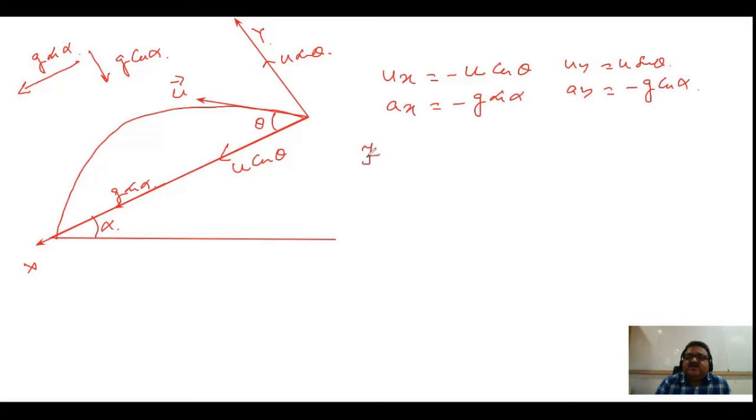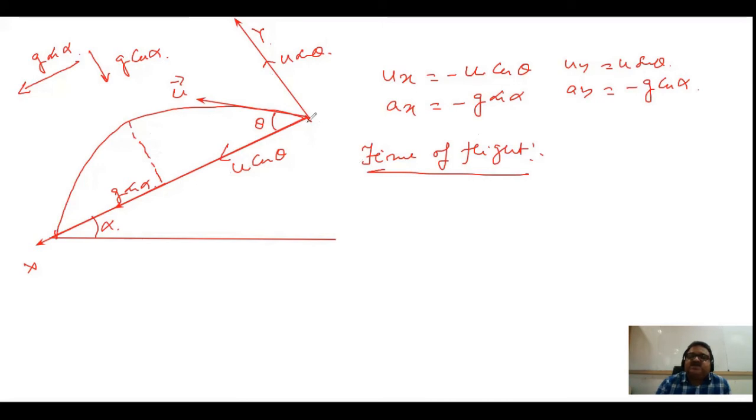Now same thing, time of flight. For time of flight, I have to consider the motion along which axis? The y-axis. If I take the motion along the y-axis, look, the body starts from here and ends here, correct?